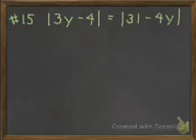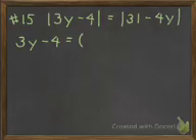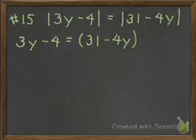Now, removing the absolute value from the left side, we get 3y minus 4 is equal to either 31 minus 4y, the positive value.